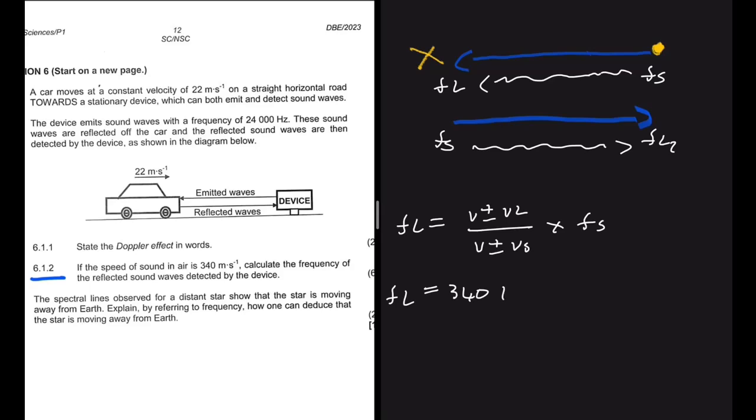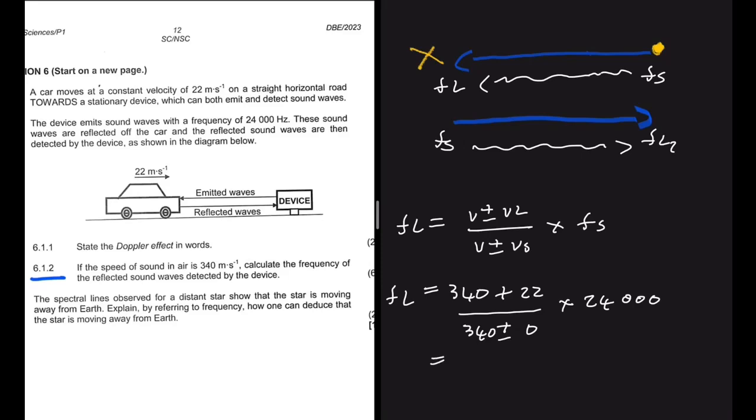So we have plus the velocity of our listener, which is 22 meters per second, divided by 340 plus or minus the velocity of the device, which is 0, because it is stationary, and we multiply that by the frequency emitted by our device, which is 24,000.